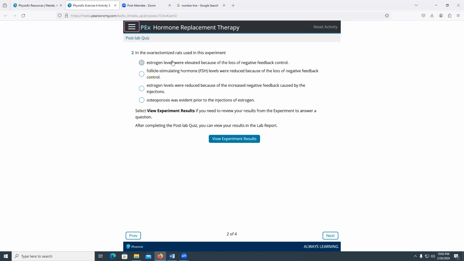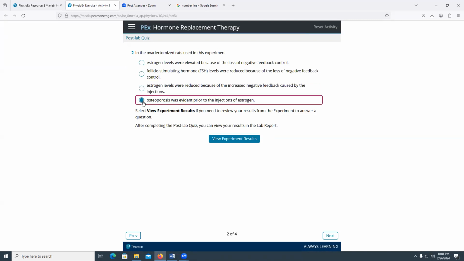In an ovariectomized, so we have removed the ovaries, rats used in this experiment, estrogen levels were elevated because of the loss of the negative feedback control. And the follicle stimulating hormone levels were reduced because of the loss of negative feedback. Actually, they should increase because there is no estrogen to feed back and inhibit their release. Estrogen levels were reduced because of the increased negative feedback caused by the injections.